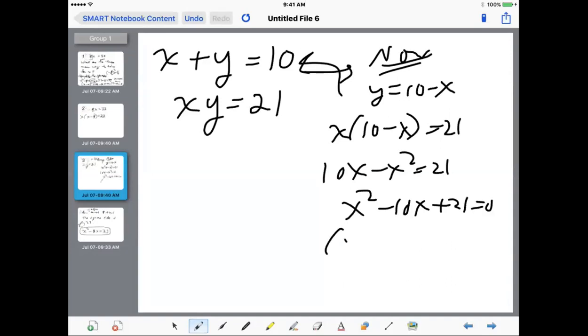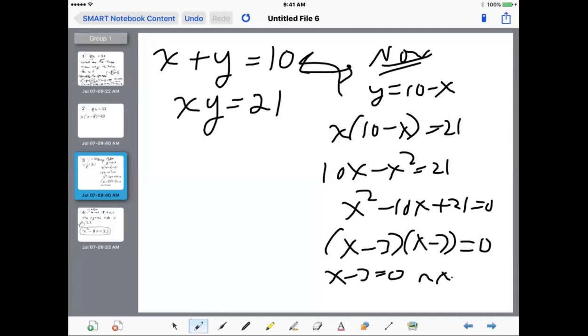If it factors, which it does, (x minus 3)(x minus 7) equals 0. So x minus 3 equals 0, or x minus 7 equals 0. x is 3, which would make y 7, or x is 7, making y 3.